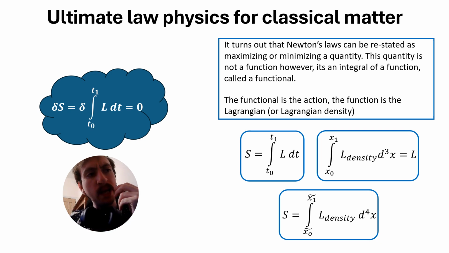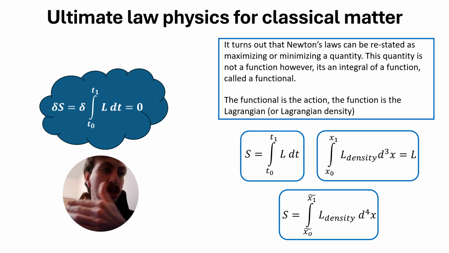And this allows us to talk about classical mechanics in a relativistic context, within the setting of space-time, in a way that the original formulation of Hamilton's principle of least action, which concerned the Lagrangian, not the Lagrangian density, simply didn't allow us to do.